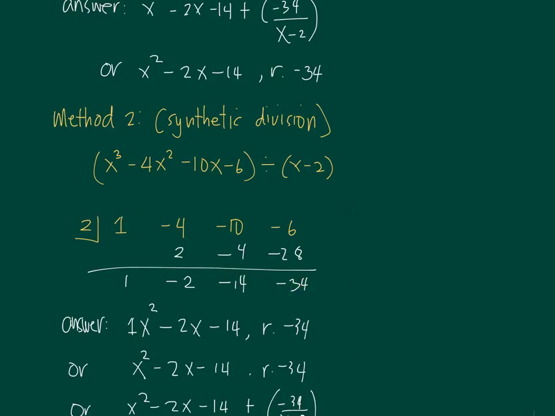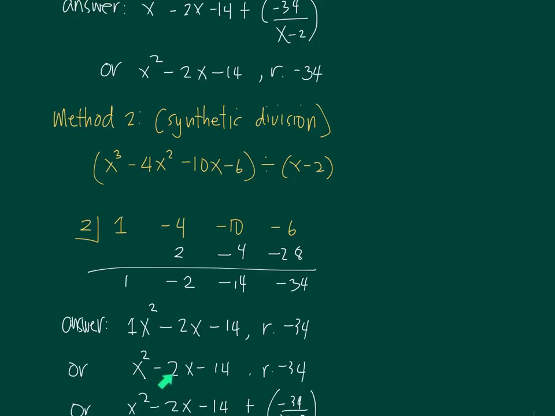So here you could see already the quotient, that's 1x squared minus 2x minus 14, and the remainder is negative 34. Always keep in mind that the last number is the remainder, and the first three values here should be the coefficients of the quotient. So we have x squared minus 2x minus 14. You can omit 1, you can just write it as x squared.